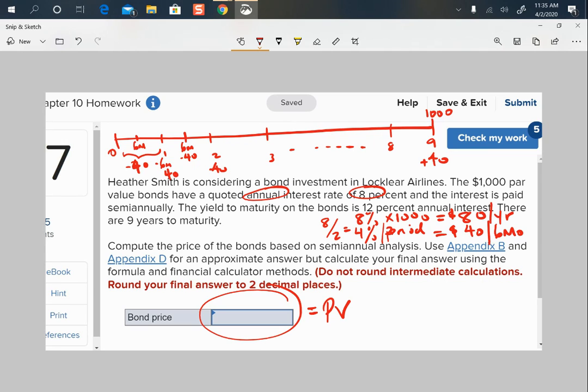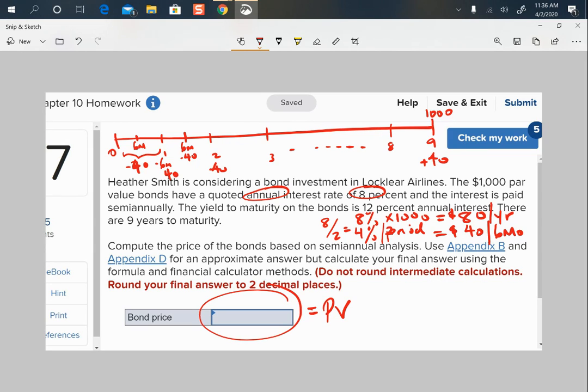The cash flows are the present value of the $40 that you'll be receiving and the $1,000. The present value of all those future cash flows is what is going to be the market price of this particular bond.